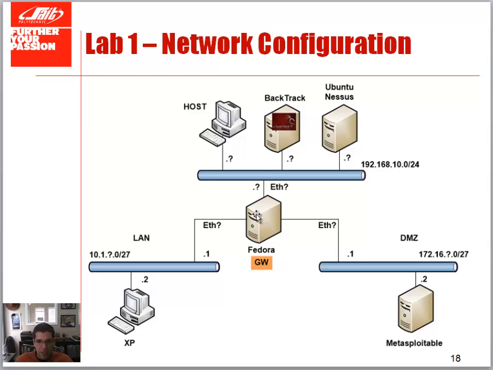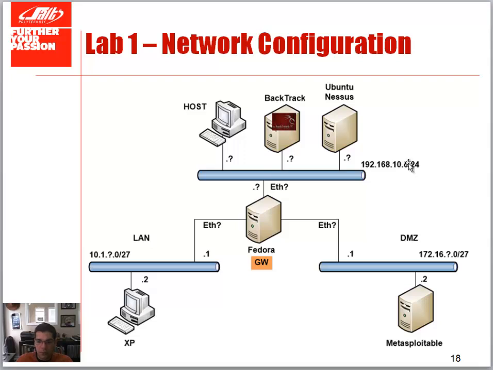So on one side your clients, the other side your server, and on the external side you see here 192.168.10.0, but this is the external. This is a real network. It means your network could be different.